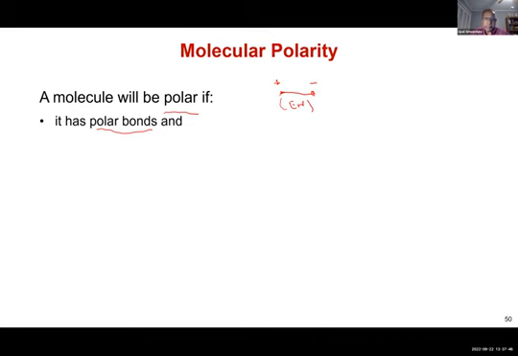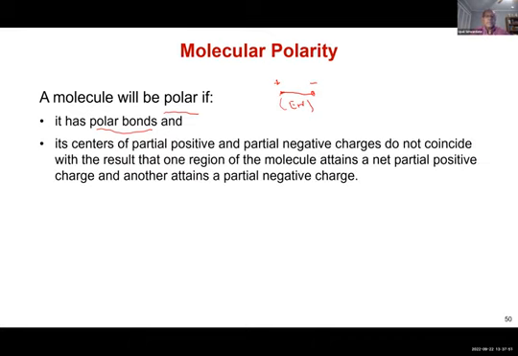We're going to look into this in detail. So when a bond is polar, there's a partial positive charge. We call it delta positive. For example, hydrogen and oxygen.